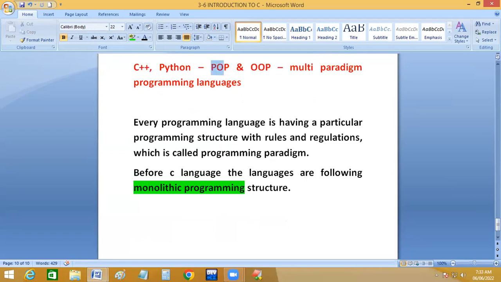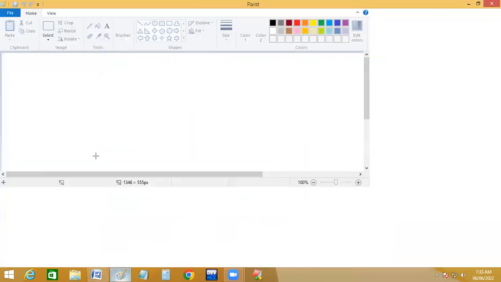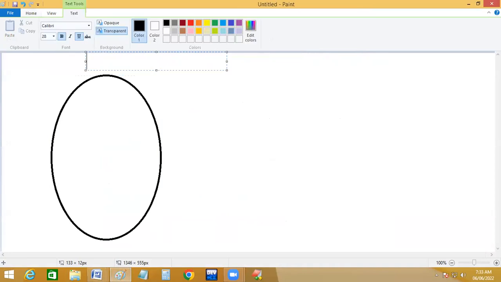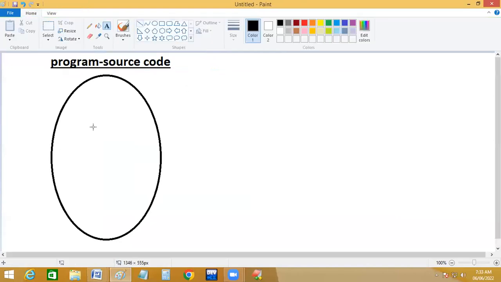Just take a look at this, guys. Suppose this is our C program, a program which is also called source code, and it is always in English. Here we have some lines, which are nothing but instructions.